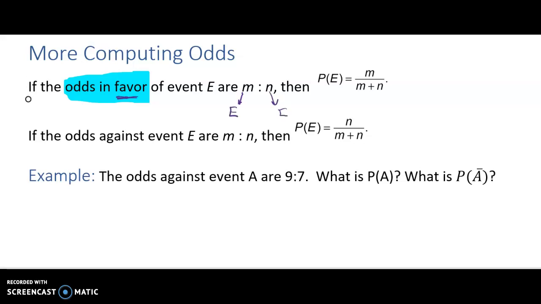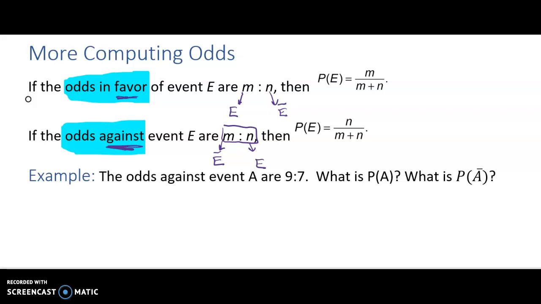N is associated with the way not E happens. Whereas if I see odds against an event E, that means that the first number I see in these odds is associated with not E because it said against here. And then the n in this case would be associated with E.